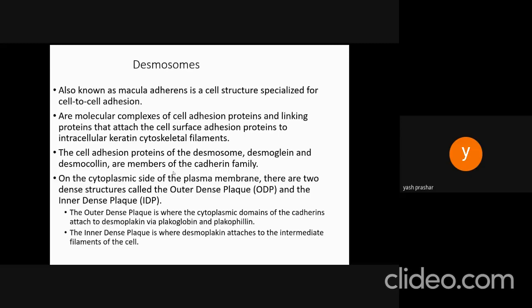In the structure of a typical desmosome, the plasma membranes of the two cells are aligned in parallel and separated by a space of about 25 to 35 nanometers. The extracellular space between the two membranes is called the desmosome core. A thick plaque is found just beneath the plasma membrane of each of the two adjoining cells.